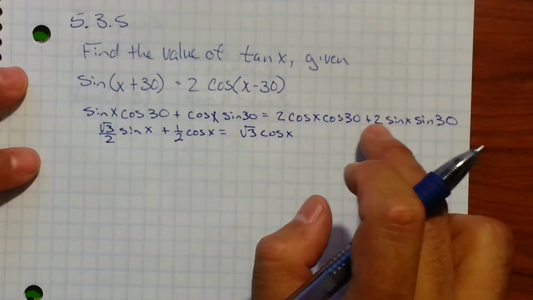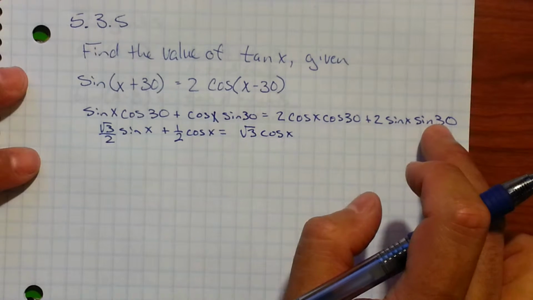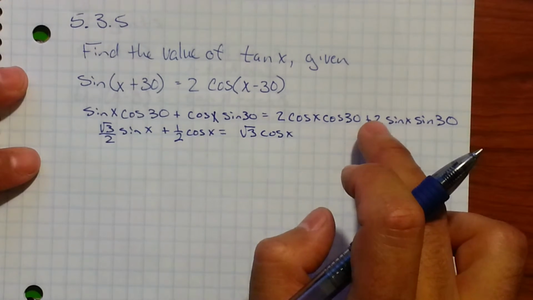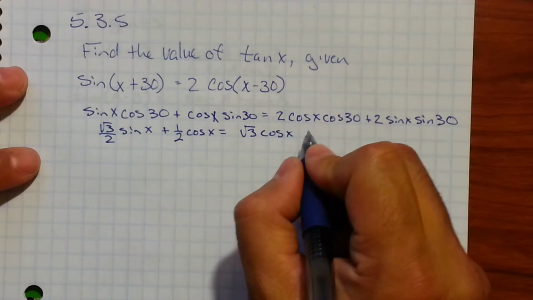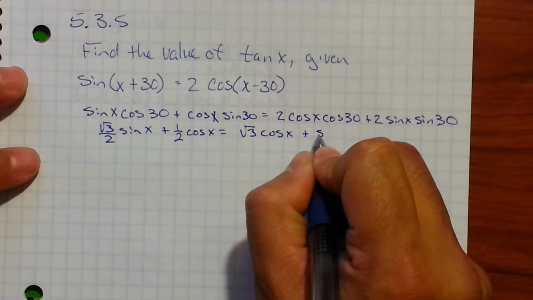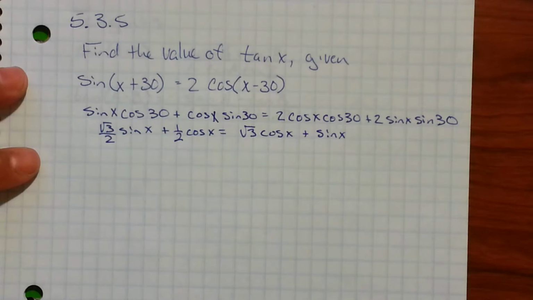And if sine 30 is 1/2 with a 2 out front, the 2's cancel, so I'm left with plus sine x.